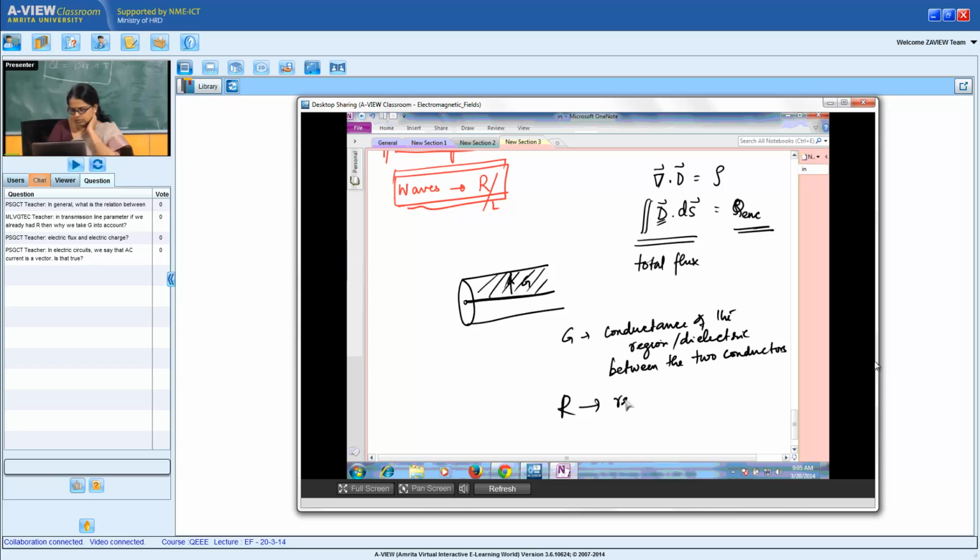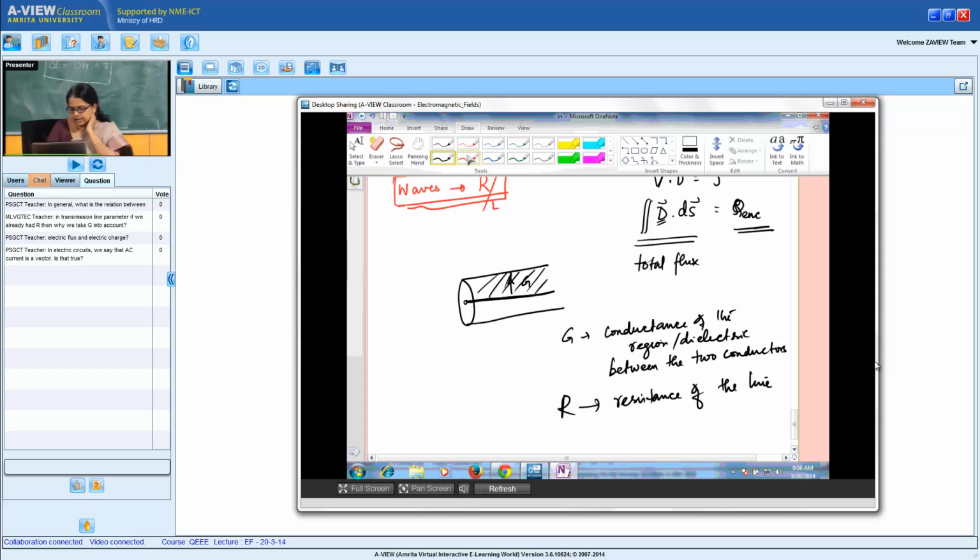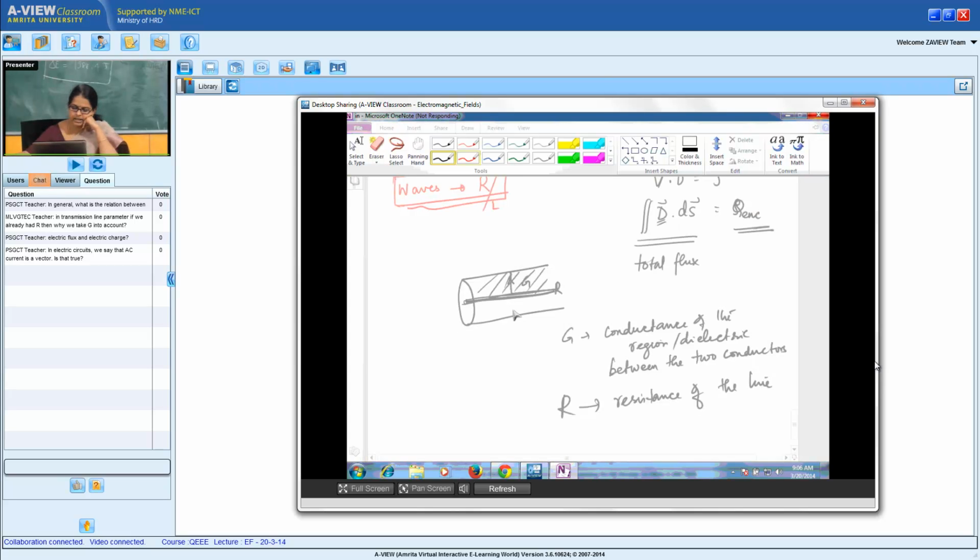R is the resistance of the line itself, which is carrying current, whereas G tells you how much is the leakage current.